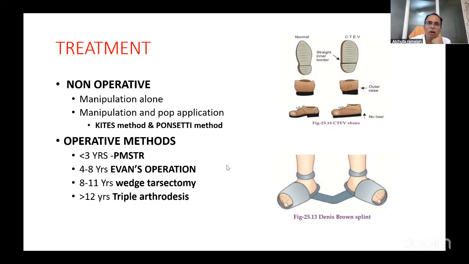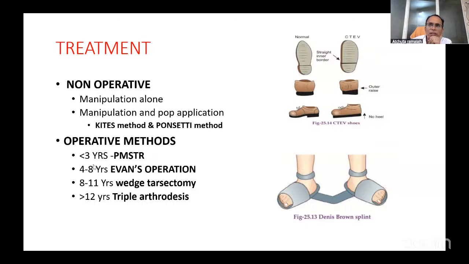The operative methods are two procedures. One is the soft tissue procedure, the second is the bony procedures. Less than 3 years, posteromedial soft tissue structures release.